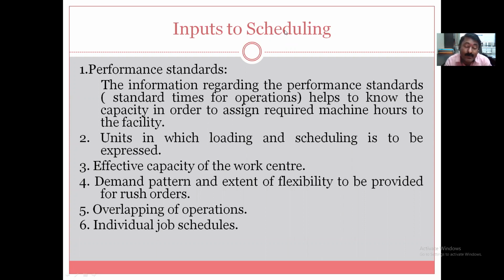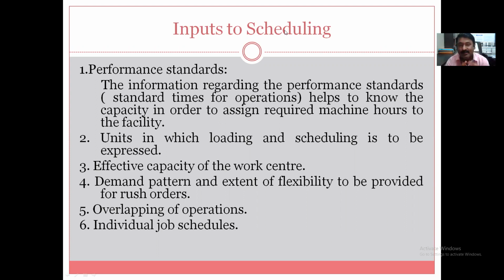Which operation should be compromised, and where should we go for unloading that job, and this job the priority is required to be given job number 2. So this is flexibility for rush orders. Overlapping of operations, very important. So two operations may be overlap based on the machine, based on the job, and individual job schedules.